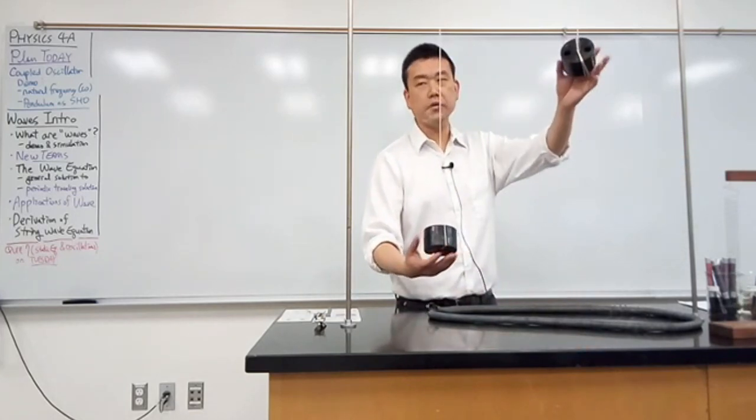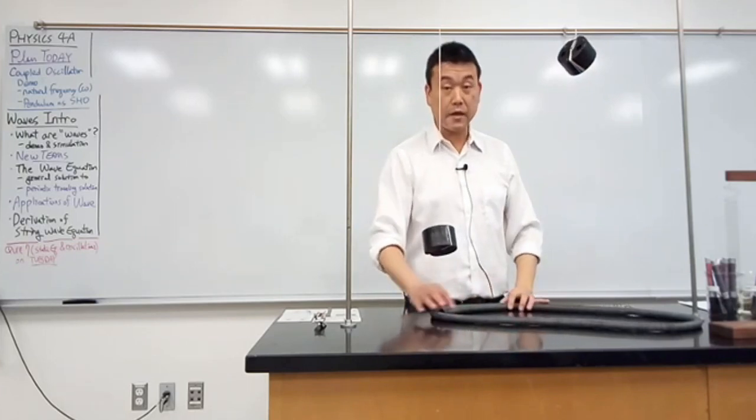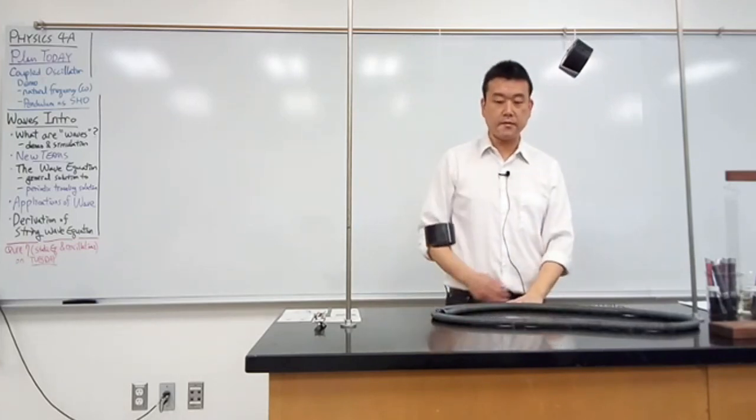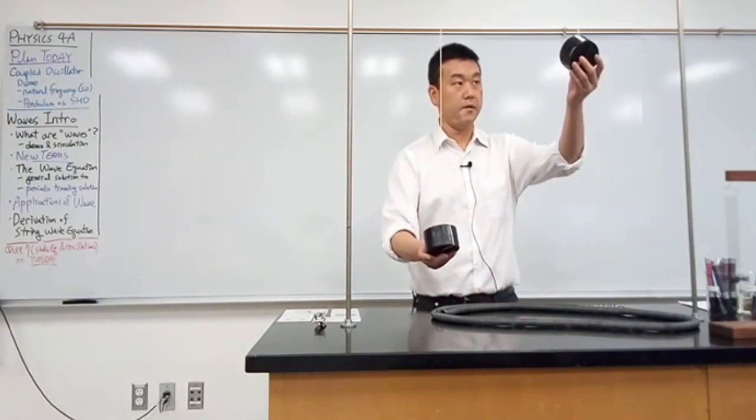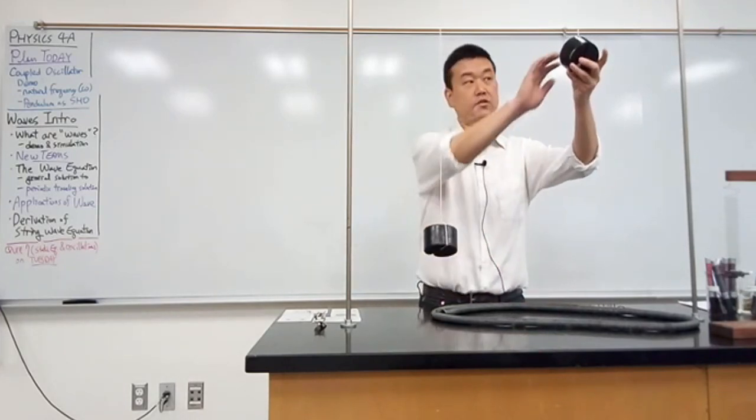It's kind of hard to guess at this without having seen it. You see how fast this is moving back and forth, right? Now watch. I'm going to make this move by putting energy into B instead.